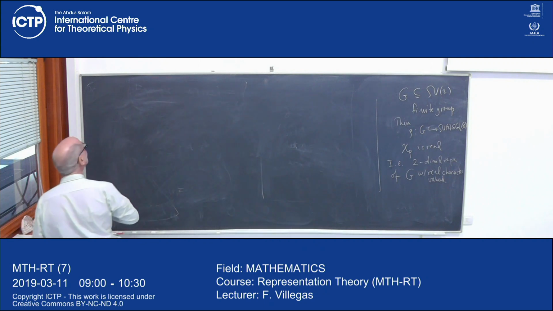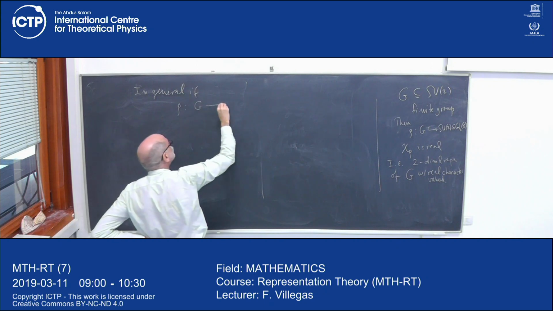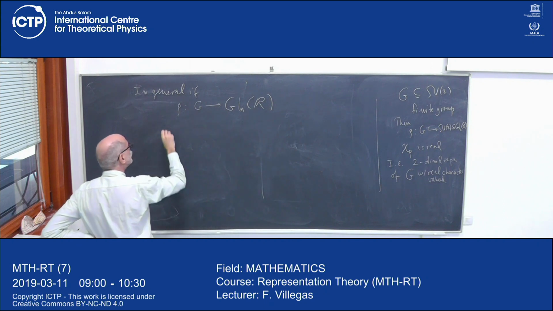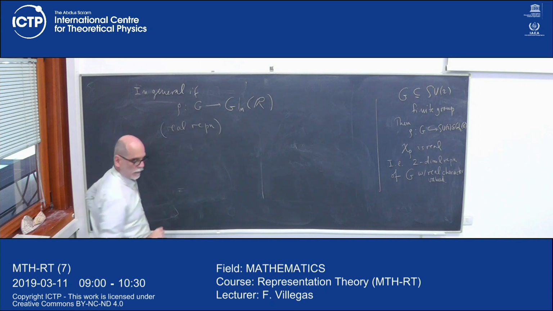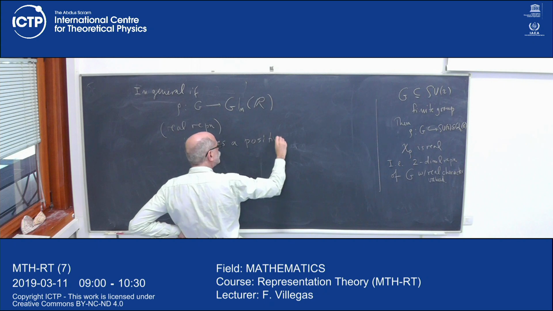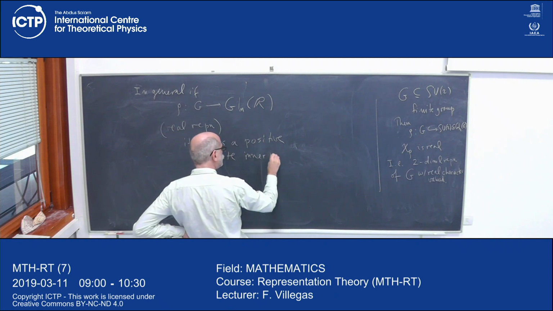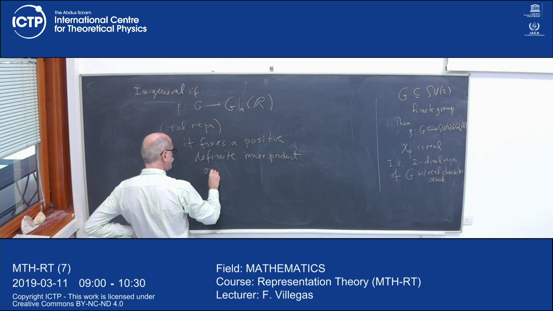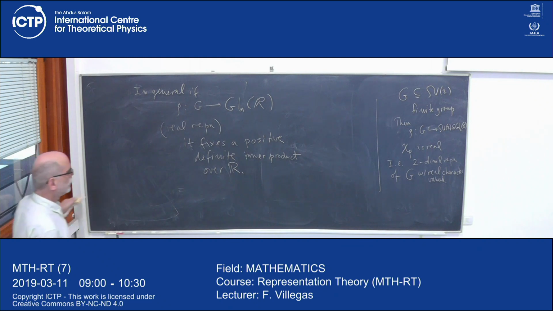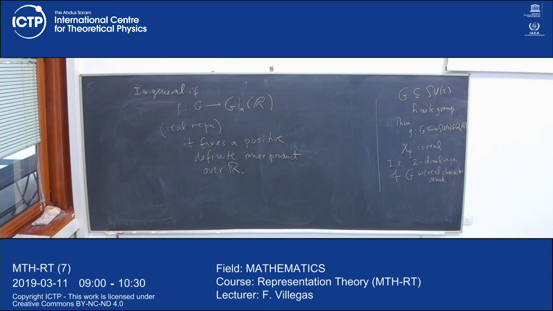Let me make this statement in general. In general, if rho maps from G to GL n of R, so it's a real representation, it fixes a positive definite inner product over R. Imagine you have a representation where everything is happening over R. The matrices that represent the elements of G have real entries.